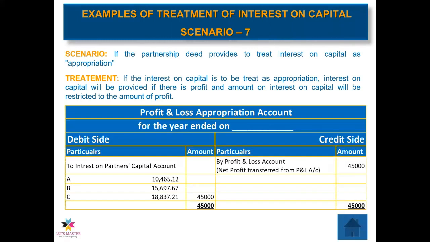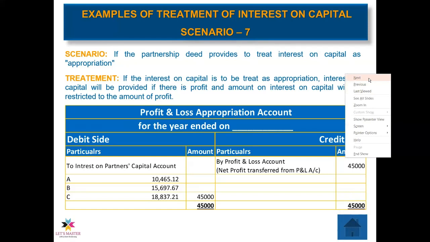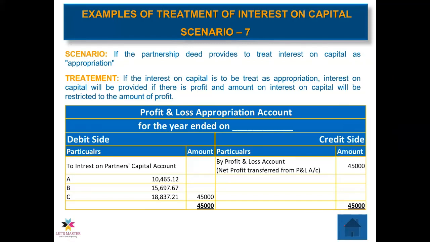And here again, we will prepare the profit and loss appropriation account. 45,000 has been provided to the partners as interest on partners' capital account, and this is distributed in their ratio of interest on capital. So that's pretty much in regard to how the partners' capital accounts are treated.